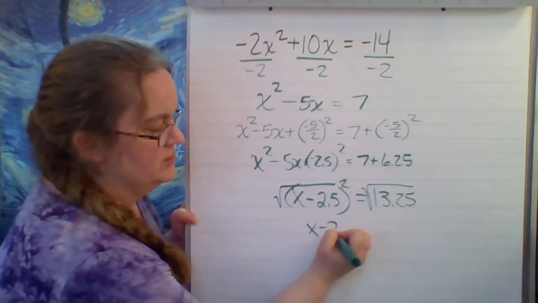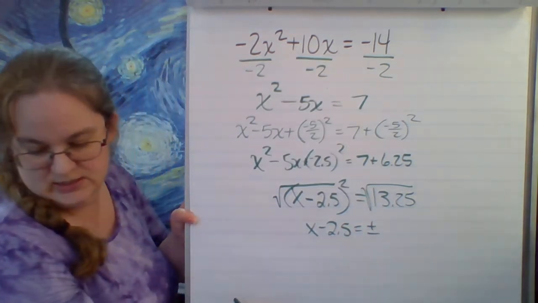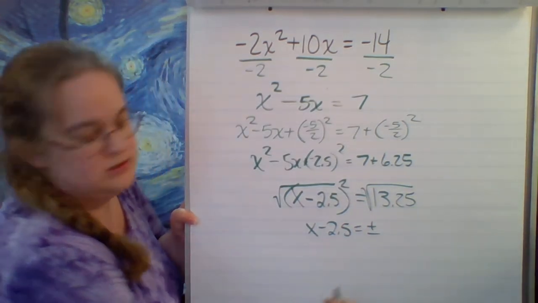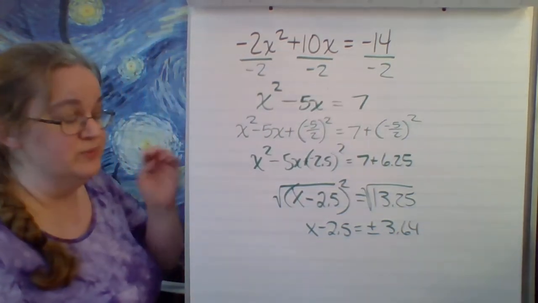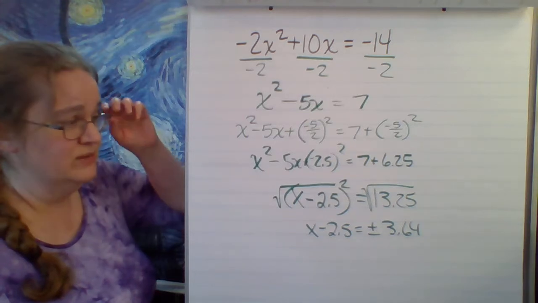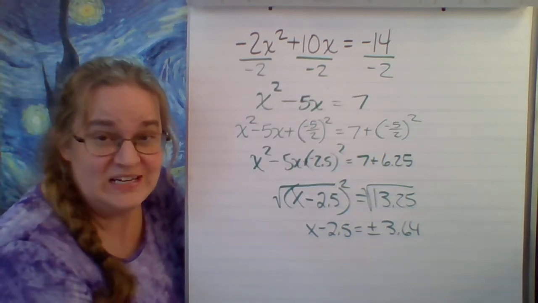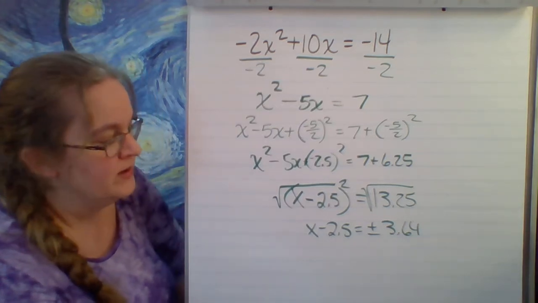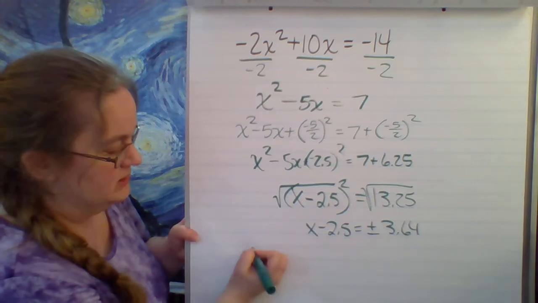So x minus 2.5 equals plus or minus, and when I type that into a calculator, it's about 3.64, which makes sense because 3 times 3 is going to be 9, and 4 times 4 is going to be 16, so it's going to be somewhere in the middle, 3 point something. All right, and then we look at those two possibilities.